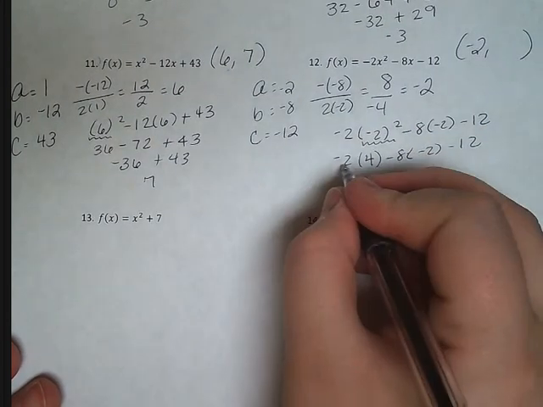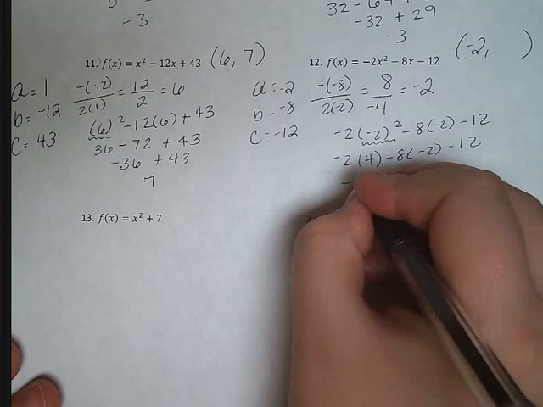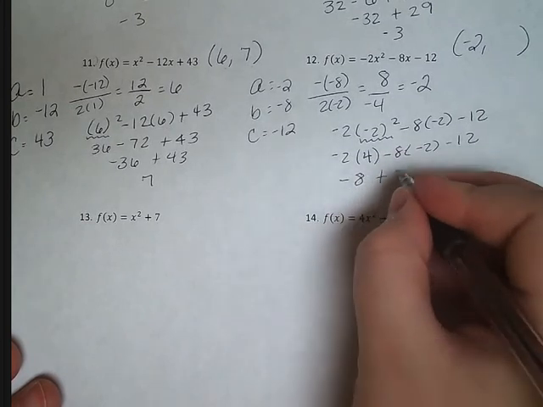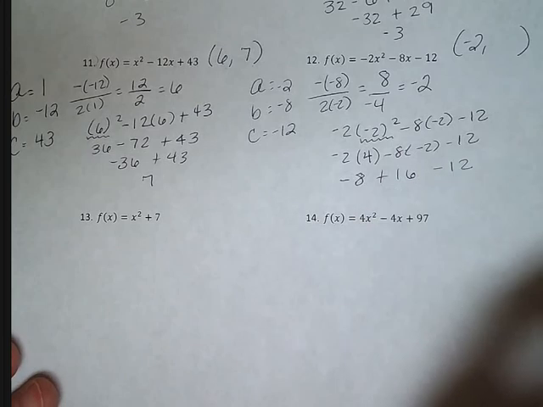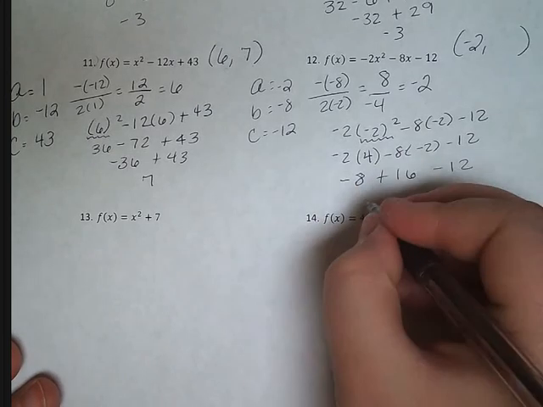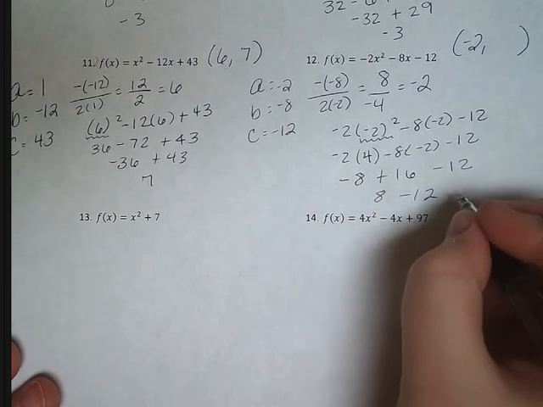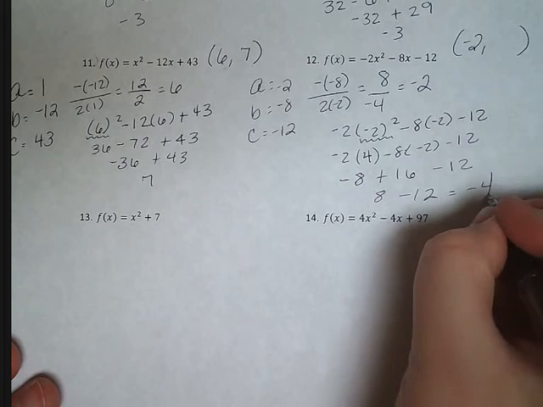Negative 2 times 4 is negative 8. Negative 8 times negative 2 is positive 16 minus 12. So negative 8 plus 16 is 8. And 8 minus 12 is negative 4.